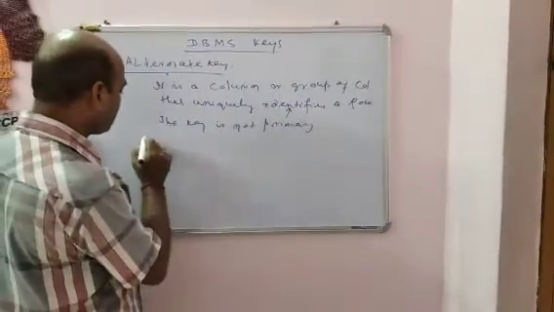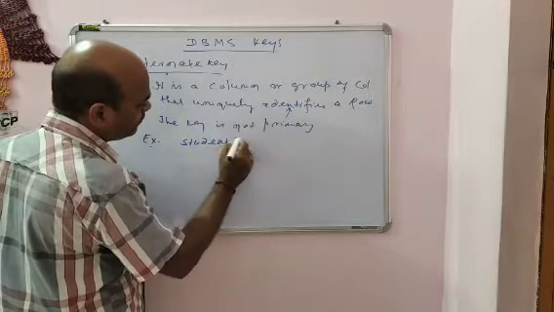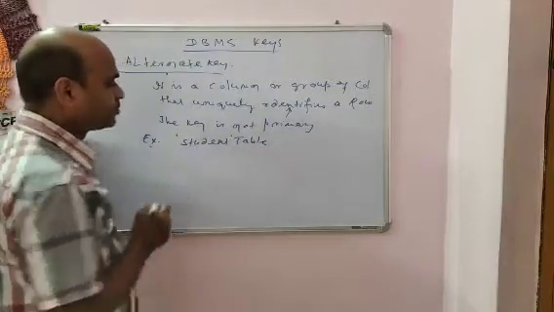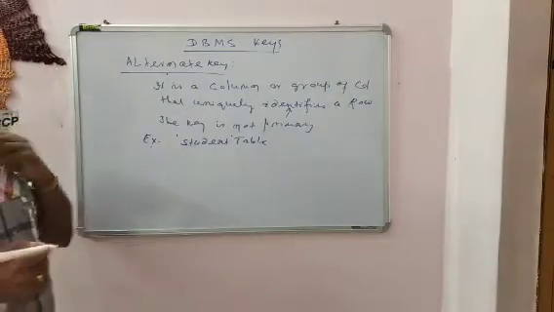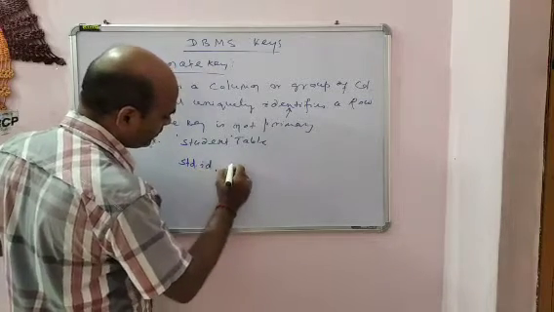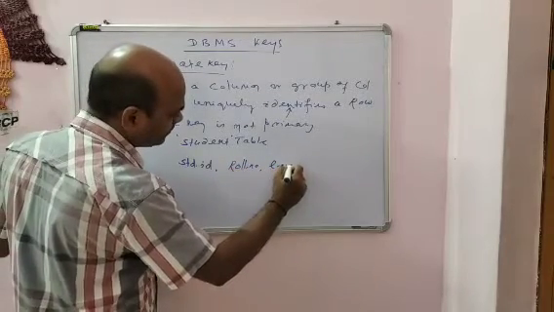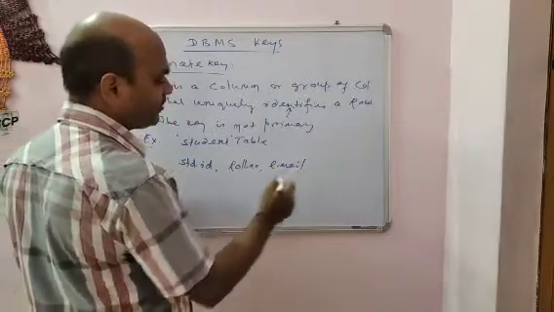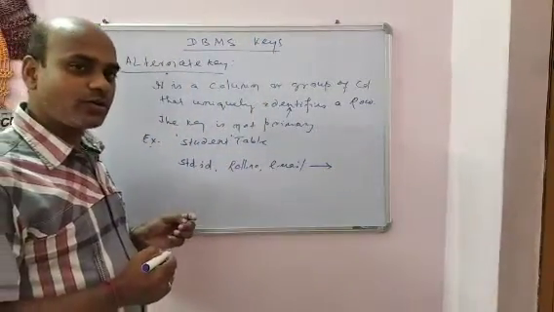Suppose 3 columns, like student ID, roll number and email, uniquely identify a particular student.